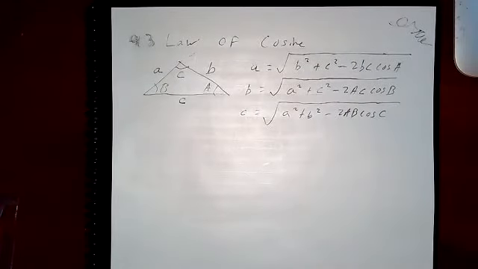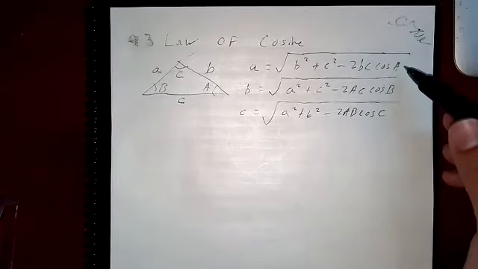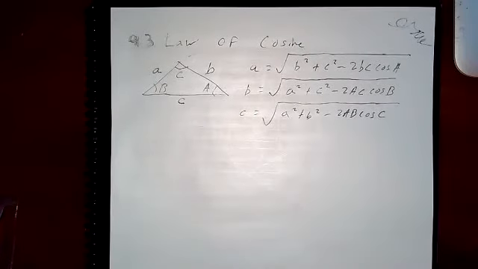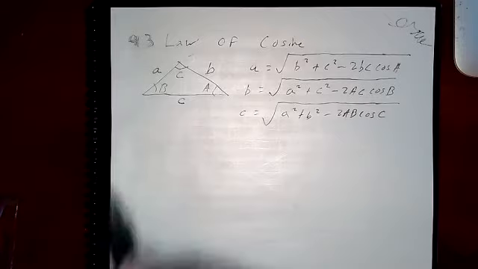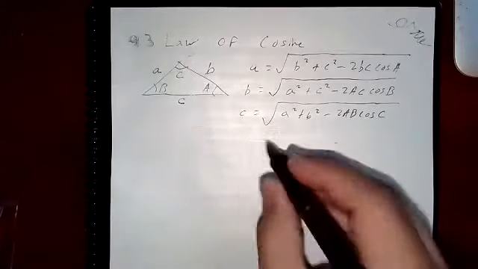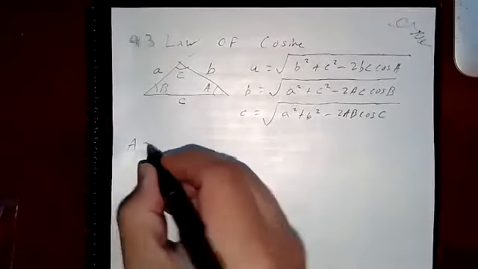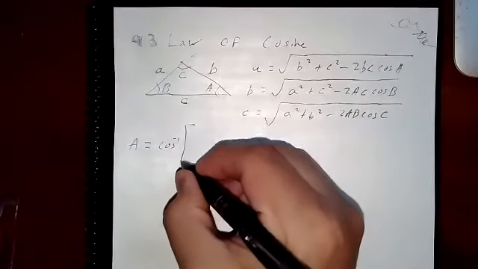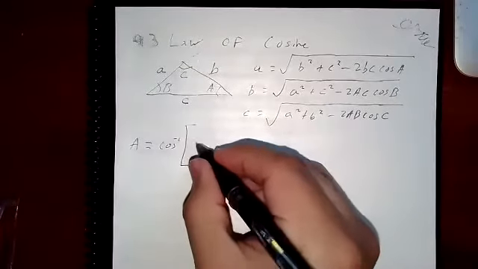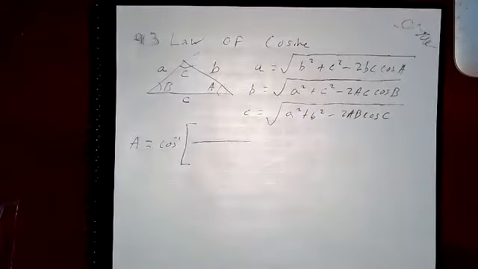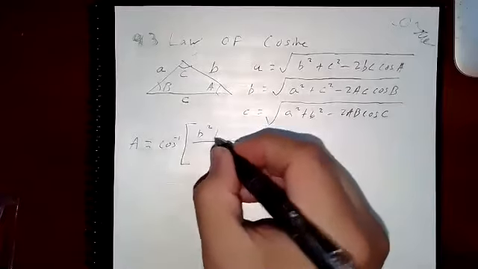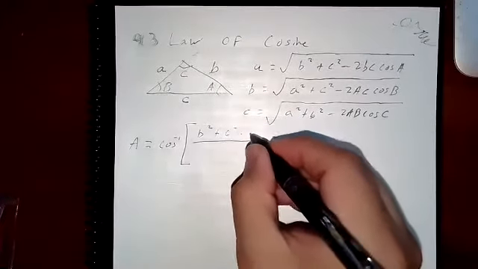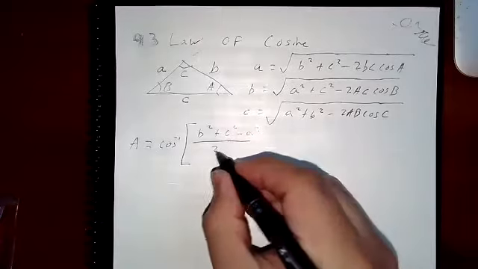All right. Now I'm going to create some formulas and make this a little easier for you. I'm going to solve for the angle, capital A, so you don't have to deal with it, and you can just use my formula. The formula for capital A will be cosine inverse of b squared plus c squared minus a squared over 2bc.